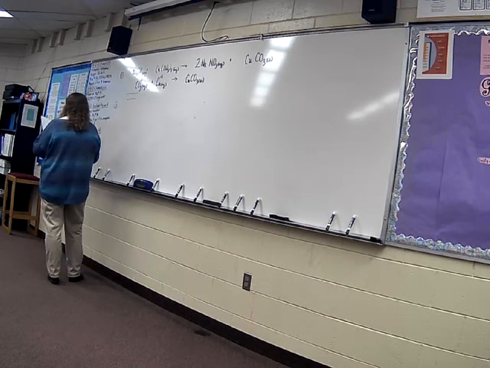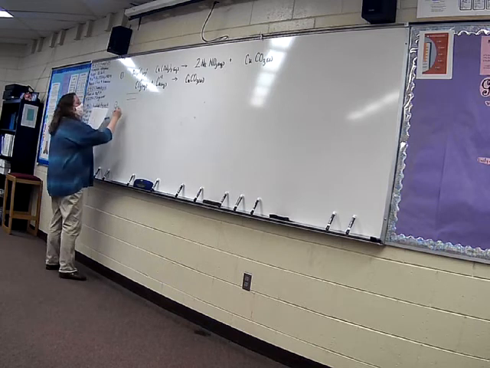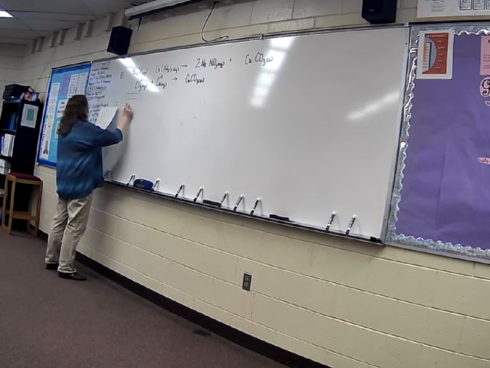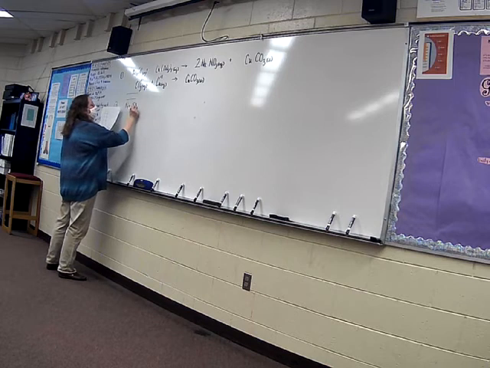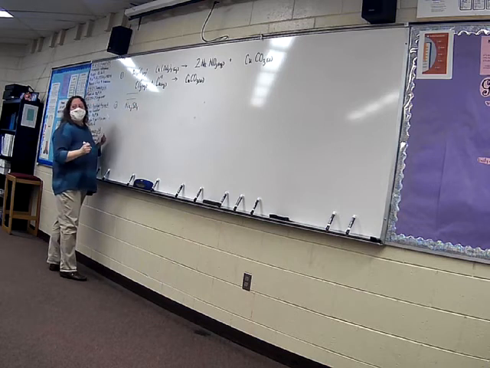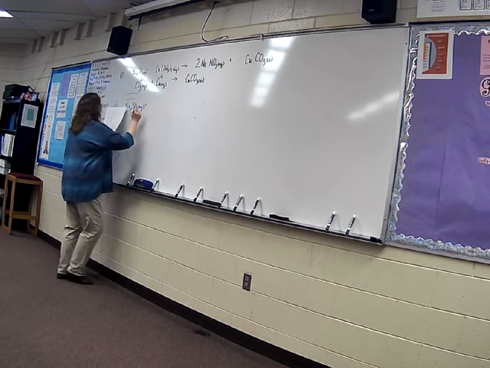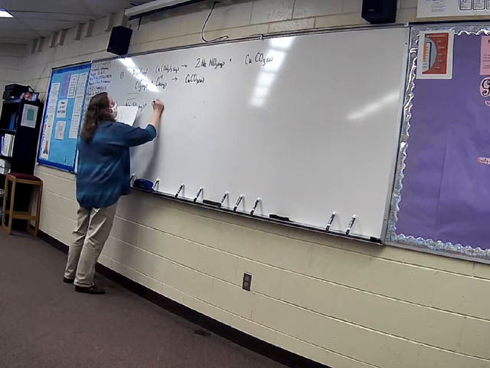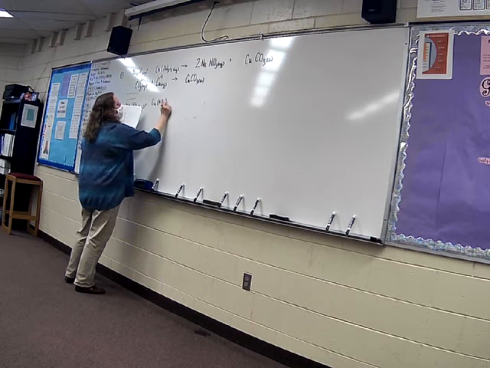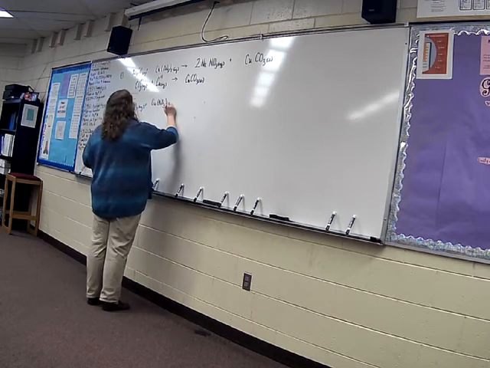Maybe number 2 will be one where they're both aqueous. Okay? So here's number 2. Na2SO4. What am I gonna put for its state of matter? Aqueous. I don't have to look it up. Plus Cu(NO3)2. What am I gonna put for its state of matter?